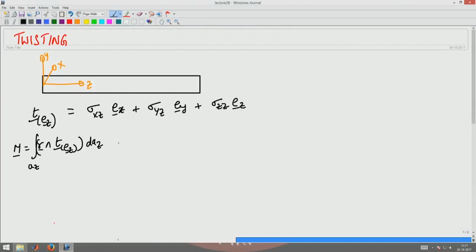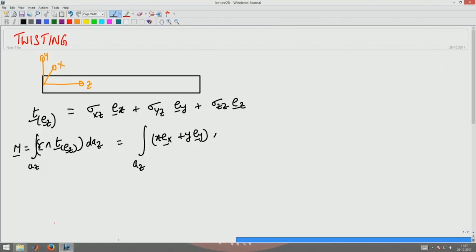Now in this case R would be x e_x plus y e_y. I am not bothered about z in this case because I am interested only in the torsion moment.